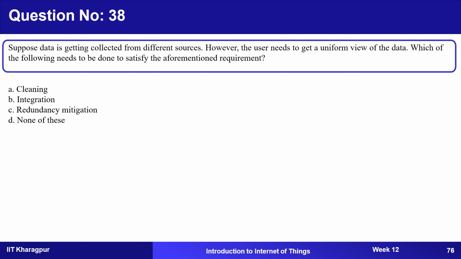So now, in order to get a uniform view of data, first of all, cleaning and redundancy mitigation are the secondary step. First of all, in order to get the uniform view of the data, you have to integrate the data. So correct option for this is integration, right?